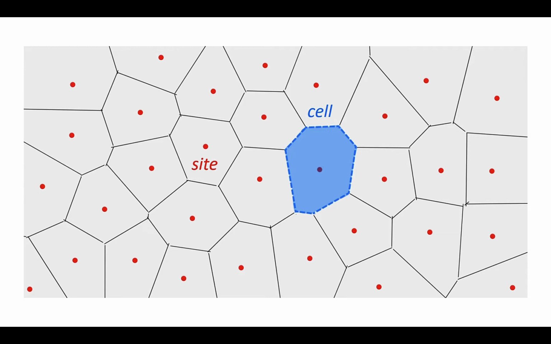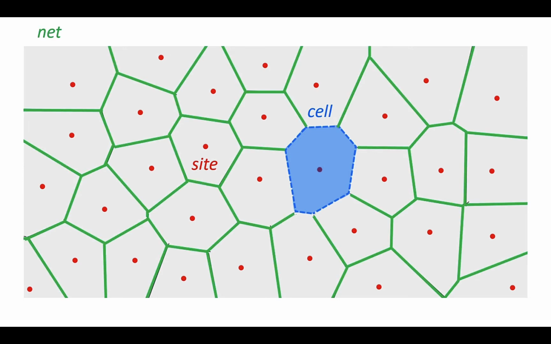Where multiple edges intersect, here we only have three edges intersecting. So in some places there are points that are nearest to two sites, in other places points that are nearest to three sites. We don't include those in the cells, and I've just termed those the net, but we may also call those edges.